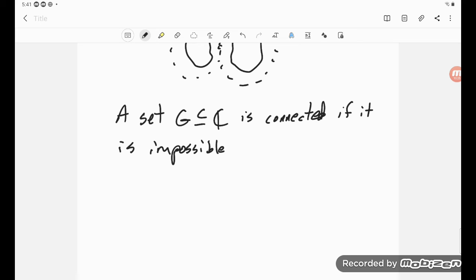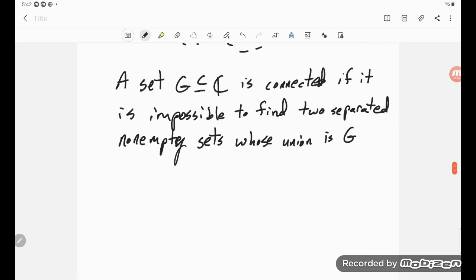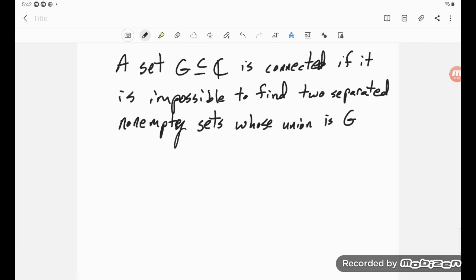But if it is impossible to find two separated non-empty sets whose union is G. Okay, so you can't break G up into two sets such that those sets would be separated. Just can't happen.